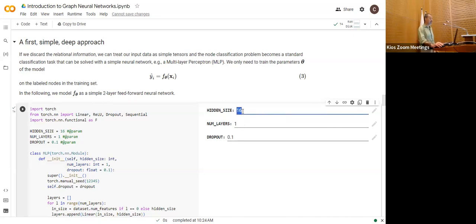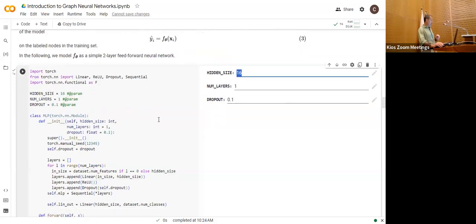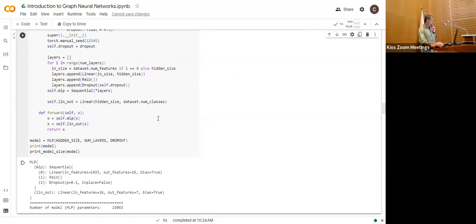This is the size of the hidden layer, 16 neurons. You can play with those numbers. This one is the best configuration. Keep in mind, we have very few training labels. So if you consider huge architectures, it won't make any sense. Okay? Okay, so we did this.